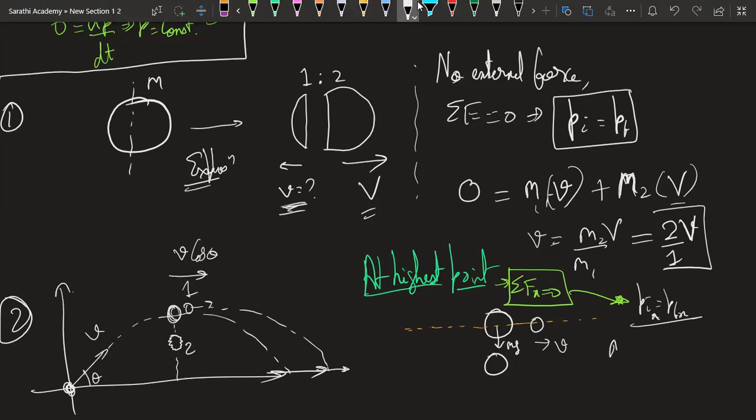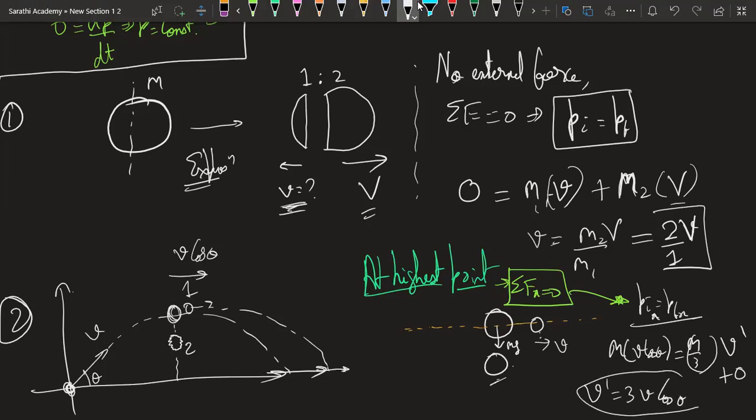This will be m into v cos theta equals final mass, which will be m by 3, into v dash, plus due to the heavier mass it will be 0 because in the x direction there is no velocity. So solving this, v dash will be equal to 3v cos theta, which is your answer, right?